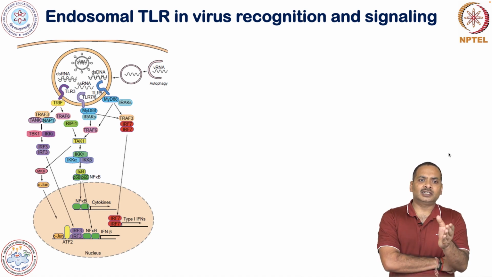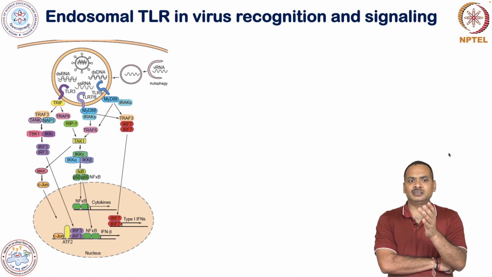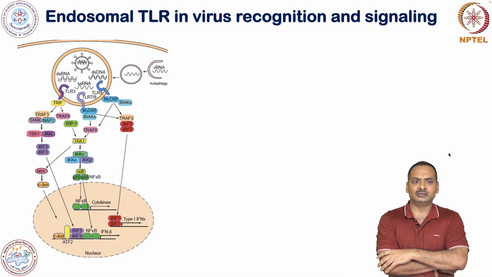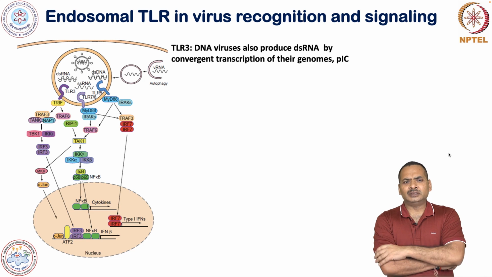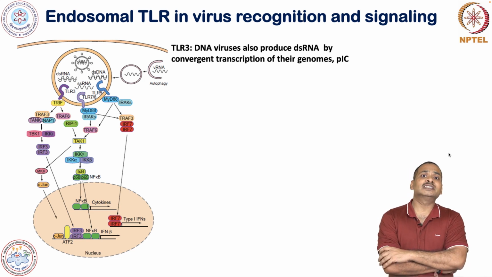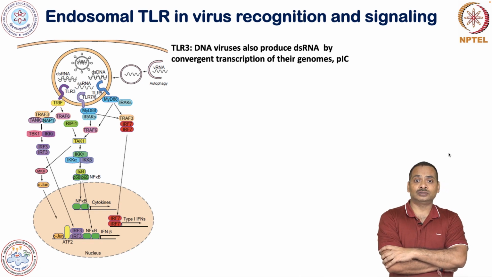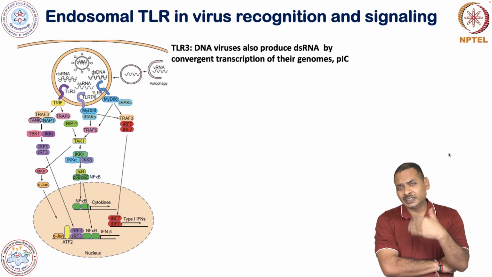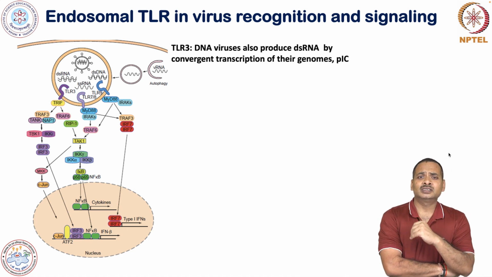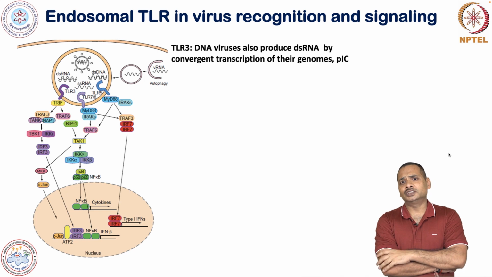So, there are TLR 3, 7, 8 in humans, and TLR 9. TLR 3 plays a very important role in sensing DNA viruses also, and these DNA viruses produce double stranded RNA by convergent transcription of their genome.